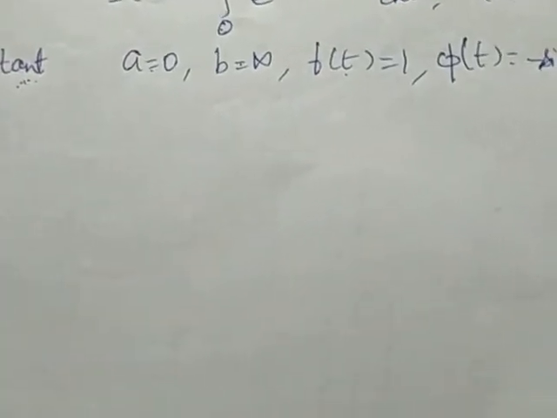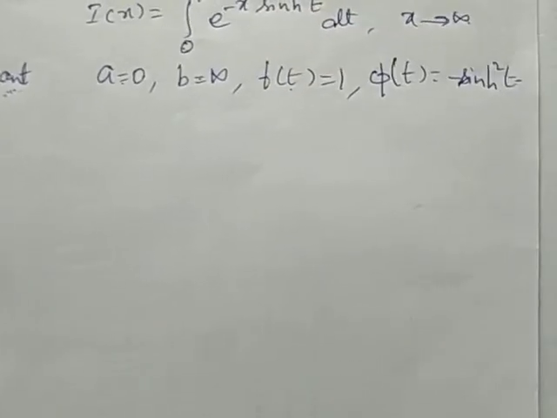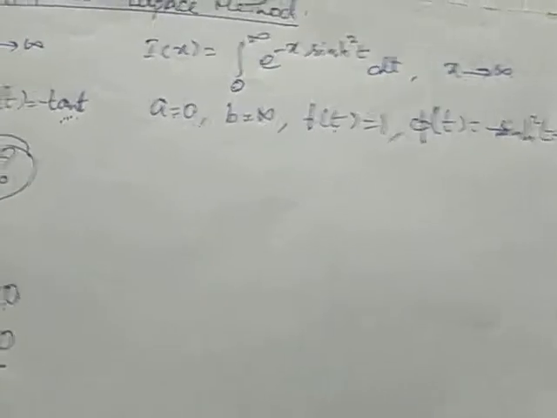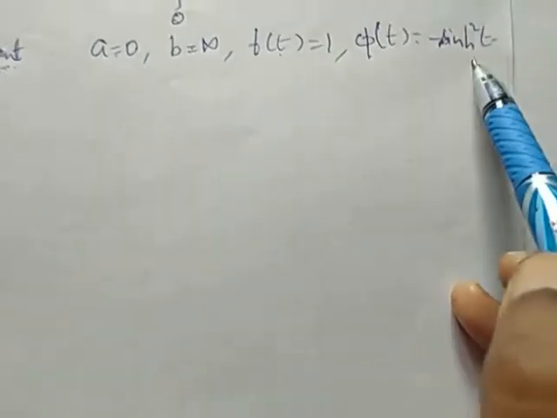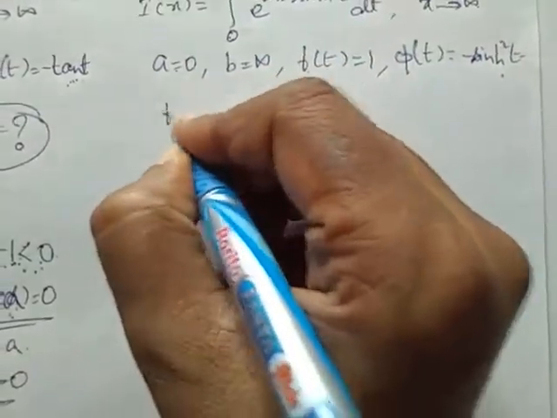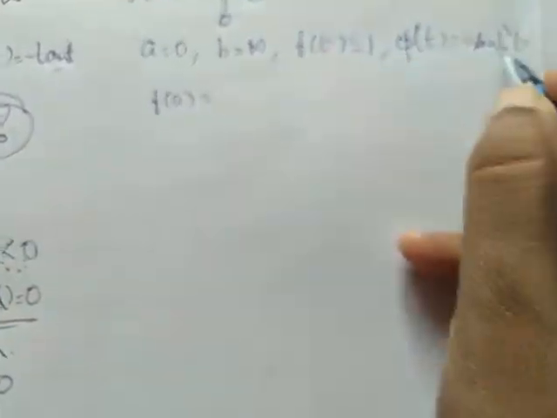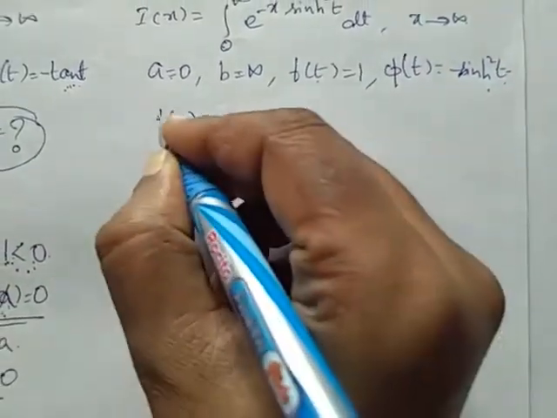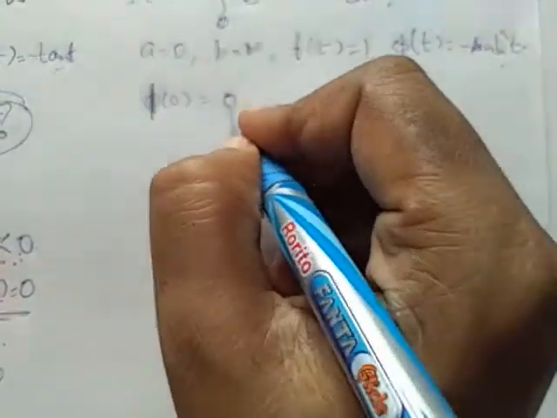Now, we have to find the maximum value at a. Correct? Now, we are having phi dash of t is this. Phi of 0 is minus sinh square 0. So, it is 0. Phi of 0 is 0.